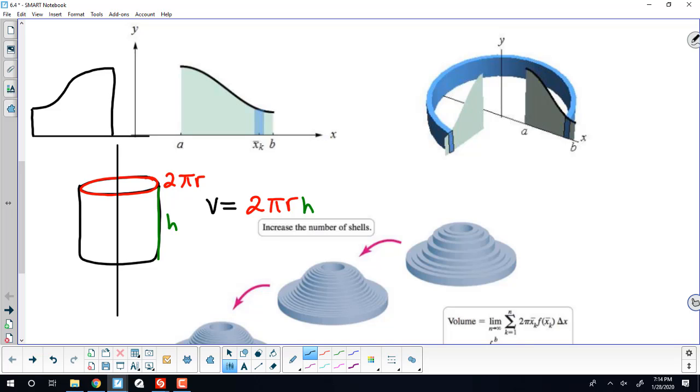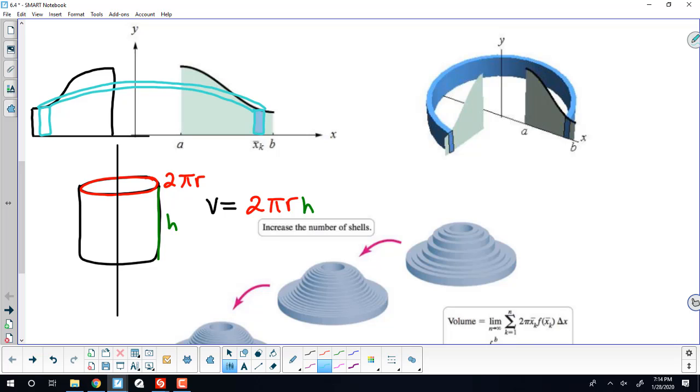And so it's really this rectangle that we want to pay attention to. That's kind of the cross section of our cylinder, we're cutting our cylinder in half.